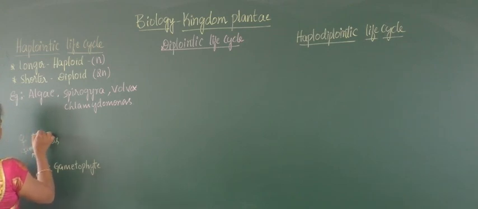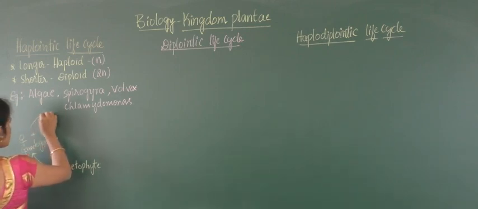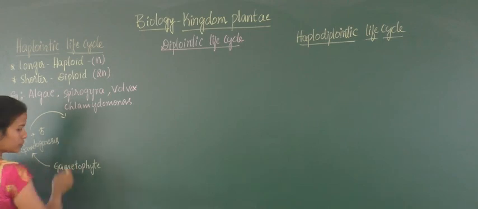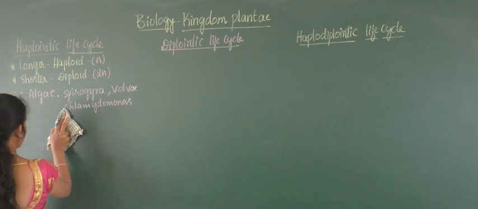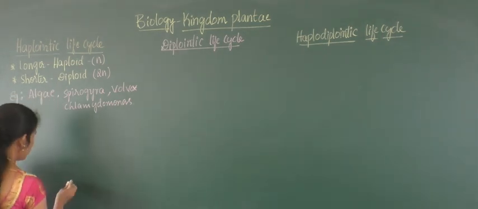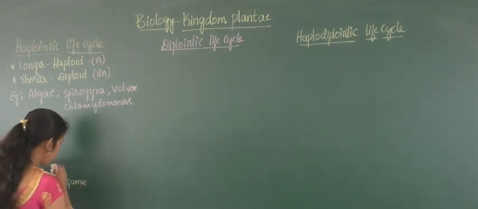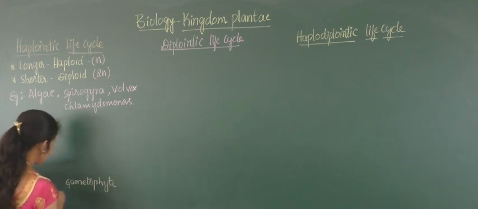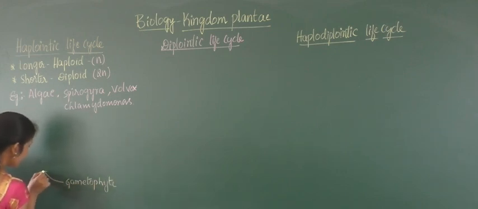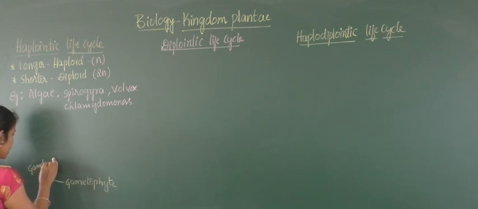First there is a dominant gametophytic plant body, and later within it there is a formation of separate gametes, male and female, and that is called gametogenesis.